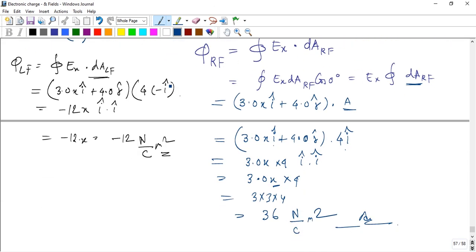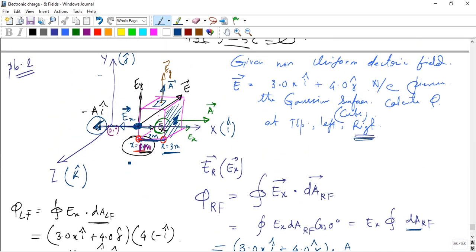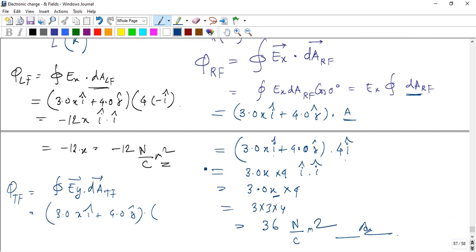So phi of the top face is E y delta A of the top face. So that is 3.0 x i cap plus 4.0 j cap, and the top face has the same area but its direction is the j cap direction, so positive j cap, 4 j cap.